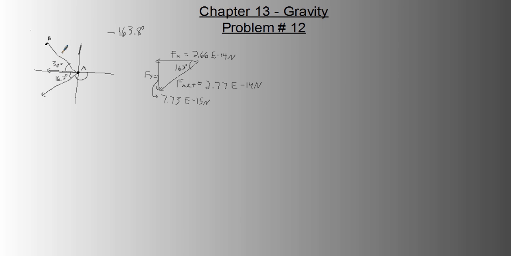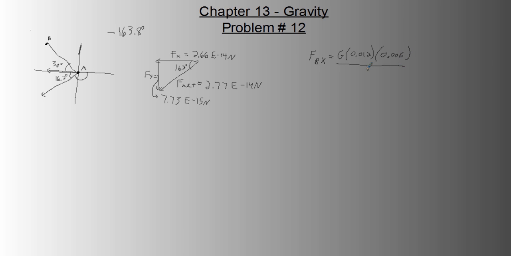So we have to calculate the actual force of B, and we need the components anyway, so we'll just do it. Fbx is G times the mass of B, 0.012, times the mass of A, because this is the force between A and B, B is attracting A that way, and A is 0.006. I converted from grams to kilograms.